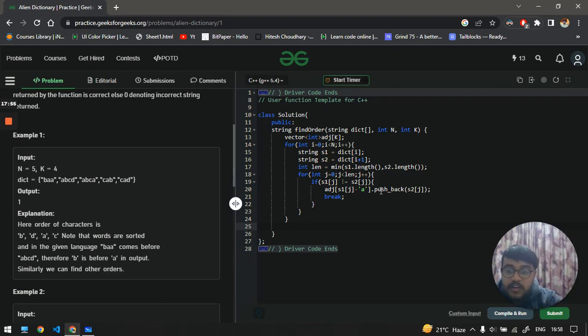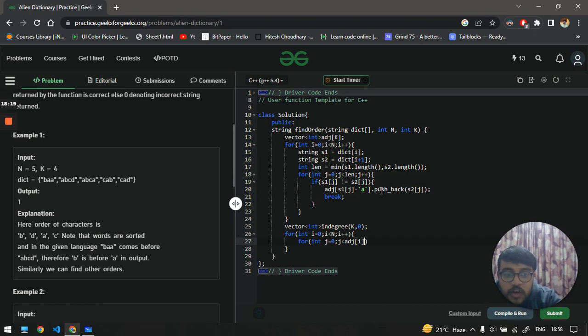As I told, I first need an in degree array, a vector in degree of size k with the value 0, and I have to traverse the n: for int i, i plus plus, for int j equals 0, j less than adj i dot size, j plus plus.